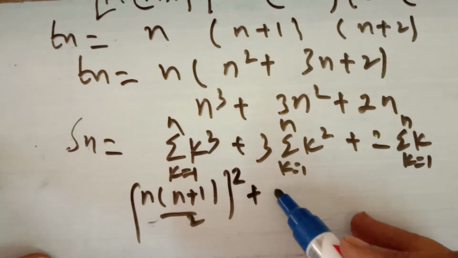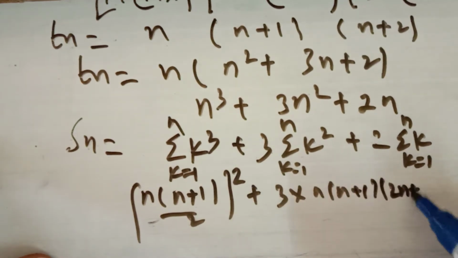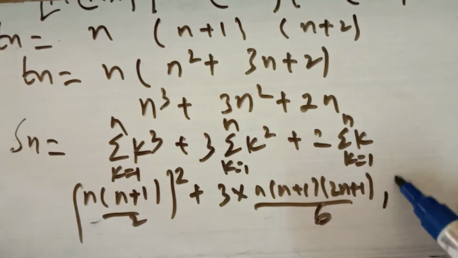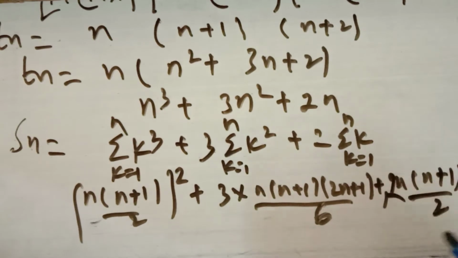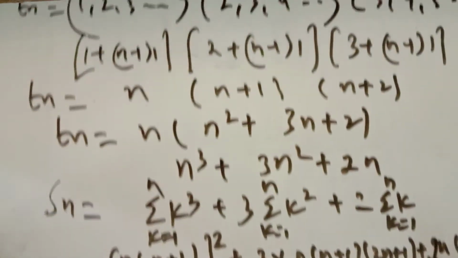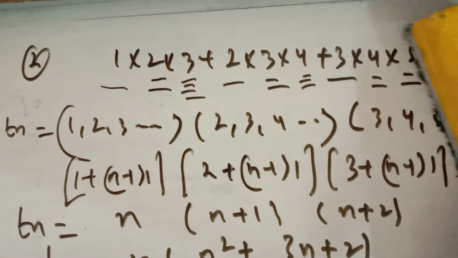You know the formula for this: n into n plus 1 into 2n plus 1 upon 6. And you know the formula for this also: n into n plus 1 upon 2, into 2. And simplify as far as possible. So this is the method to do these types of special sequences. You try to find the nth term and solve it.